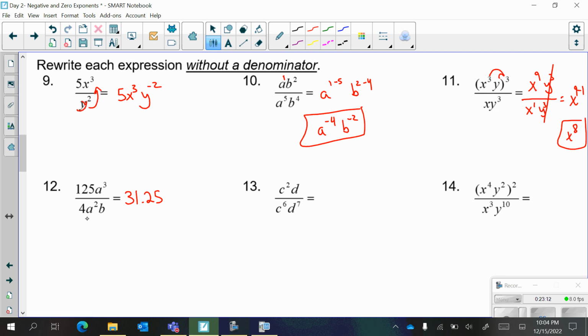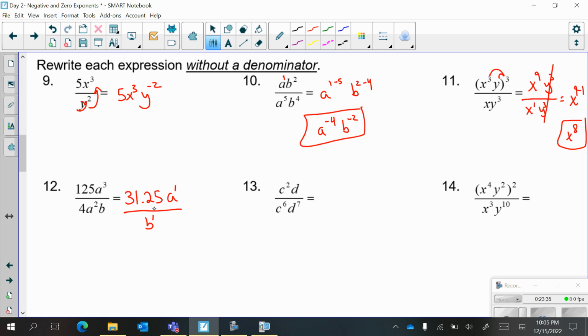You're going to subtract your exponents. We have a to the 3 minus 2 is 1. And then you have the b, because that b really goes in the denominator because there's nothing to compare it to. And this b has a 1.